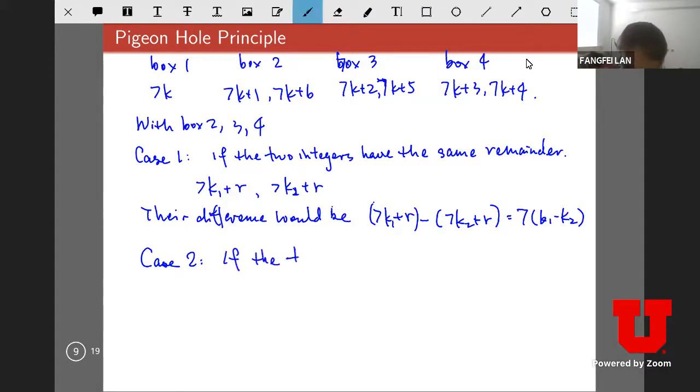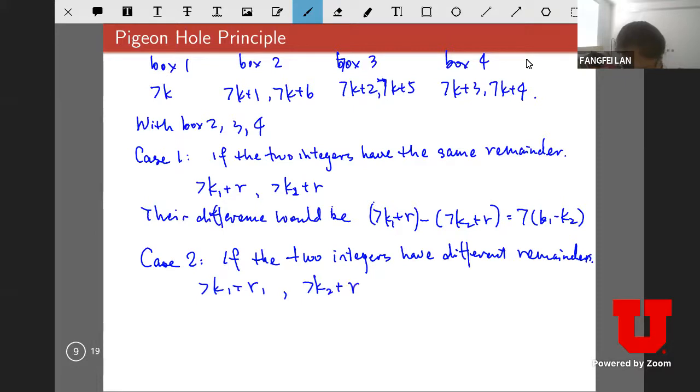So if the two integers have different remainders, then the two integers can be written as this, right? These are the two integers.